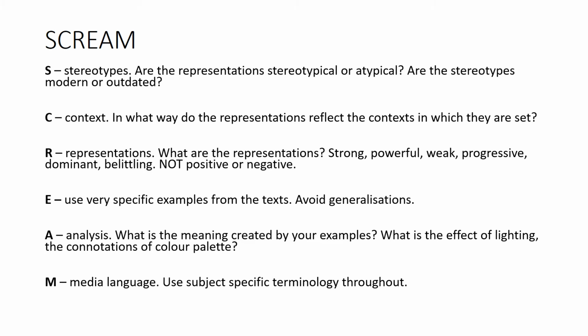C is for context. Now, the mark scheme doesn't require you to look at context here, but it's impossible to talk about stereotypes without talking about context. So in what way do the representations reflect the contexts in which they are set? We looked at context in the previous question.